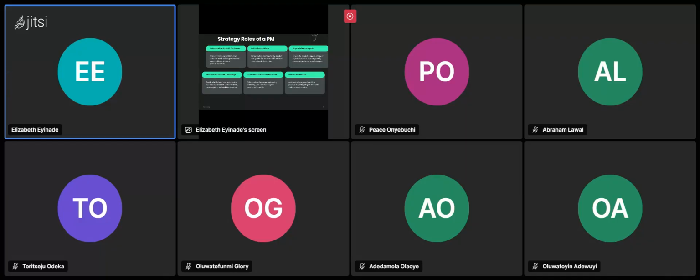Now you have to play roles so that your organization will know that your role matters, is very important, and cannot be underestimated. First thing: understand the market and the customer. That's the first strategic role you should always consider.